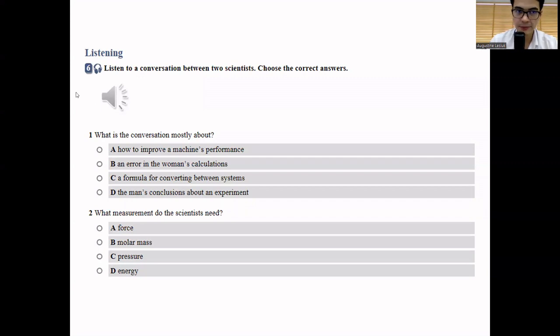Here's the audio clip. Exercises 6 and 7, page 21. Something's not right in our experiment. What do you mean? The machine isn't functioning? It looks fine, but it's hardly performing any work. How much energy is it using?